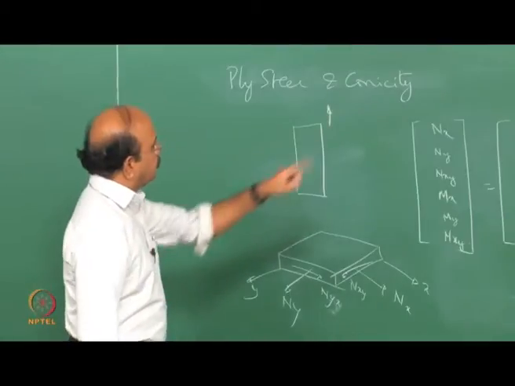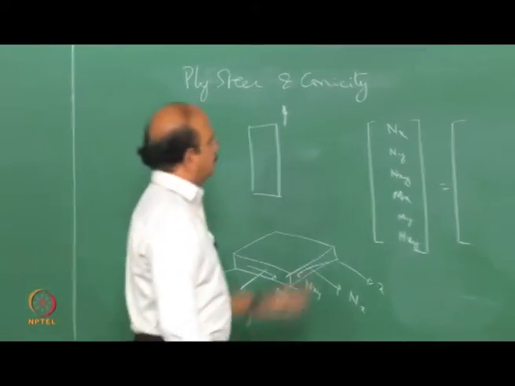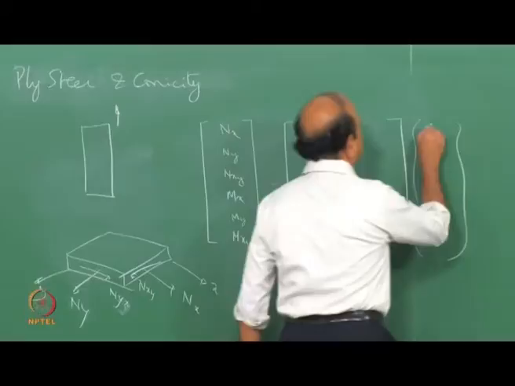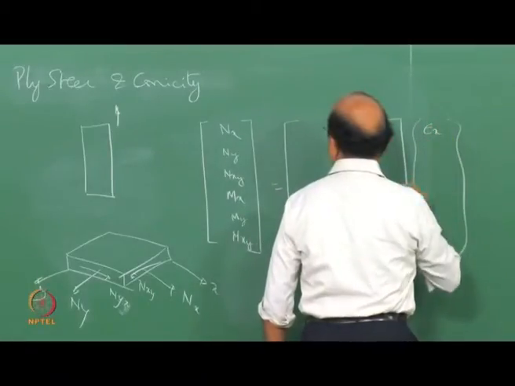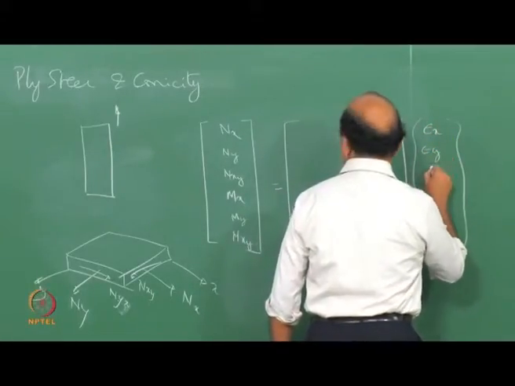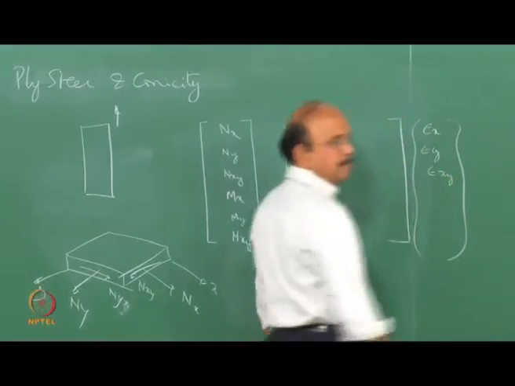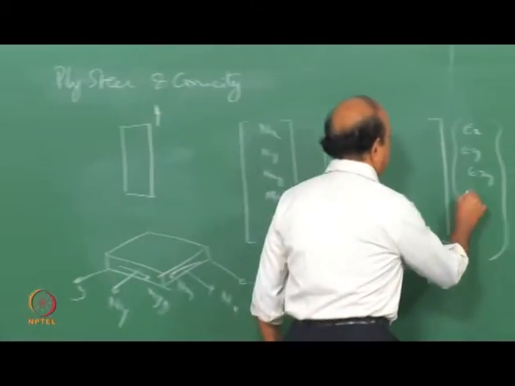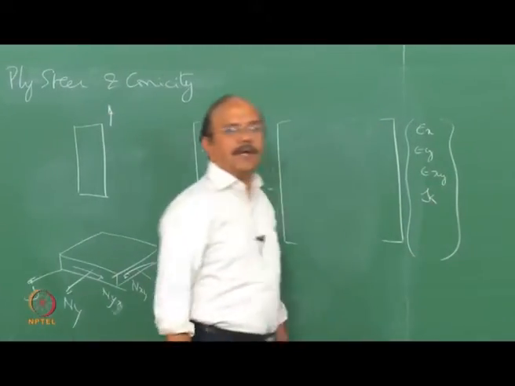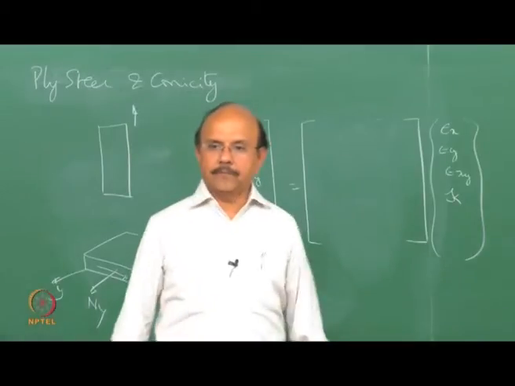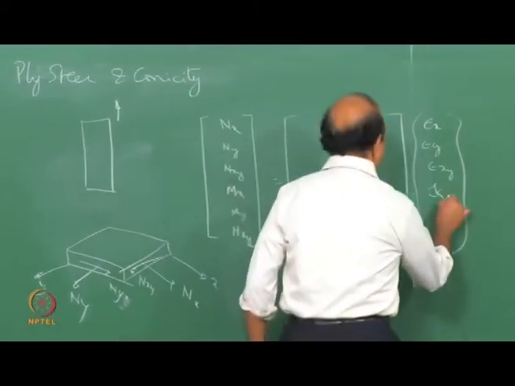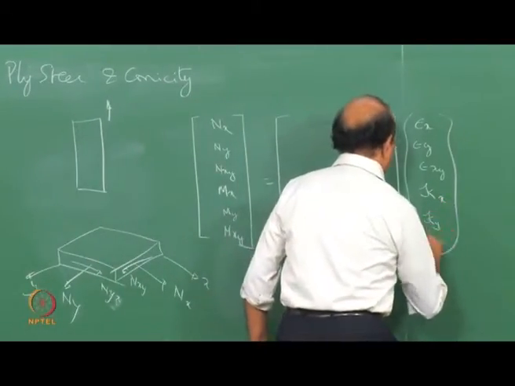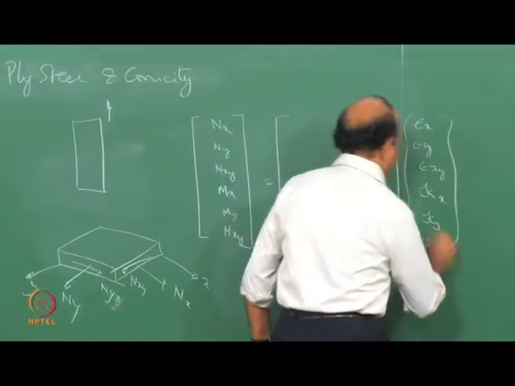Now, what's the right-hand side? The right-hand side has the strains, epsilon x, epsilon y, epsilon xy, and then since it's a laminated plate, laminate theory, you will have what we call curvatures. So you have curvature x, curvature y, curvature xy.